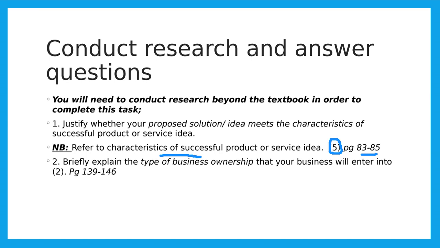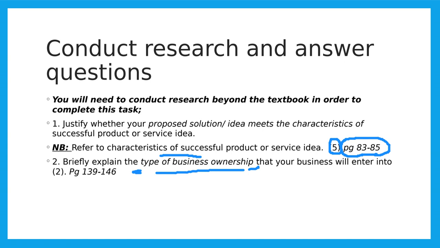Okay, guys, so we're looking at the type of business ownership. If you look underlined here in blue, we are looking at the type of business ownership. So for 2 marks, you are going to identify what type of business you would start.